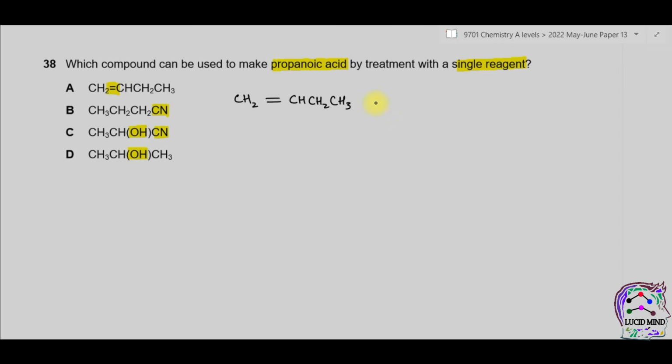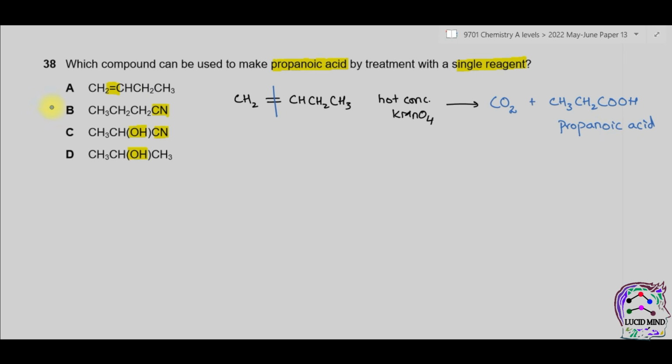For this one, if we use hot concentrated KMnO4, it will break this double bond and convert the rest into products. If the carbon having the double bond has 2 hydrogen atoms, it goes to CO2, while the carbon having 1 hydrogen atom and a double bond and 1 carbon atom directly attached goes to carboxylic acid. So we have a 3 carbon carboxylic acid, CH3CH2COOH. So now we can see propanoic acid is formed and we have just used a single reagent.